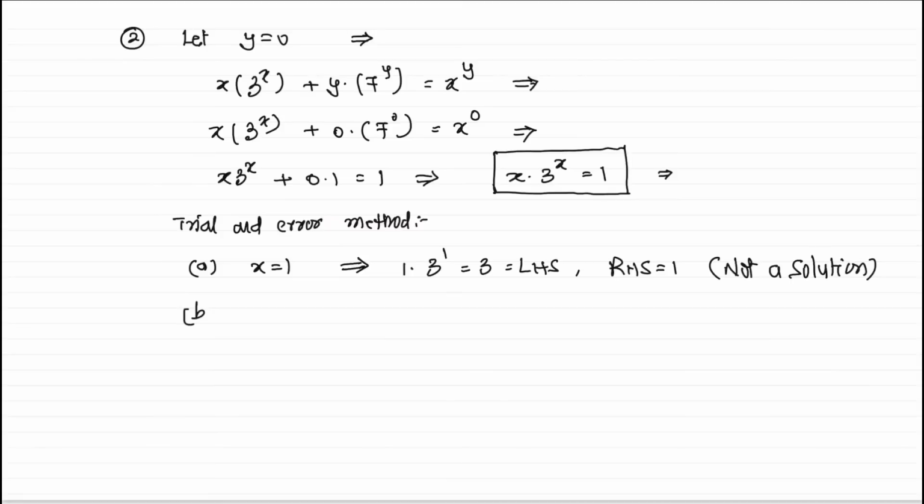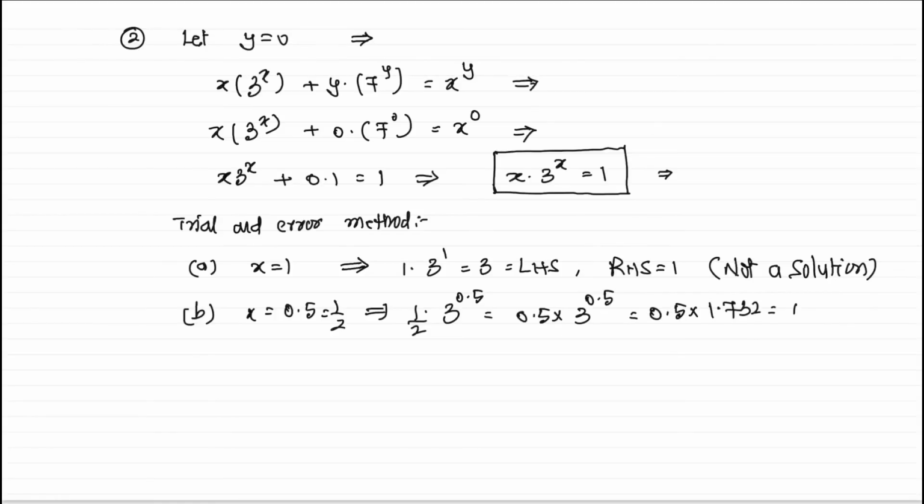Now, second trial, x is equal to 0.5, that is half. That implies 1 into 3 to the power of 0.5 is equal to 0.5 into 3 to the power of 0.5, that is 0.5 into 1.732, that is 0.866.